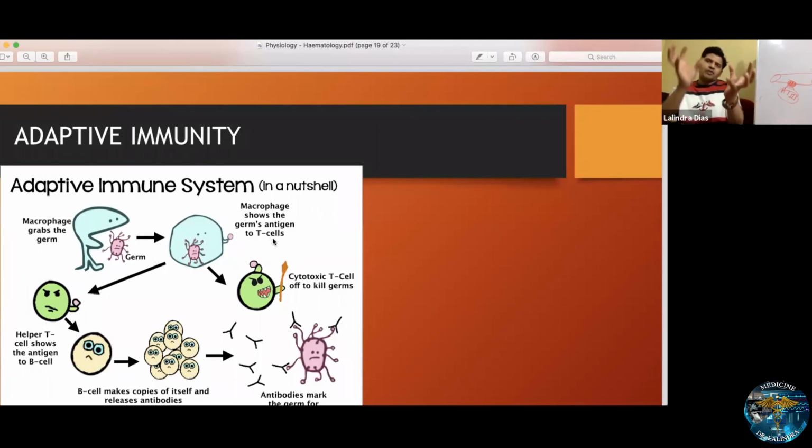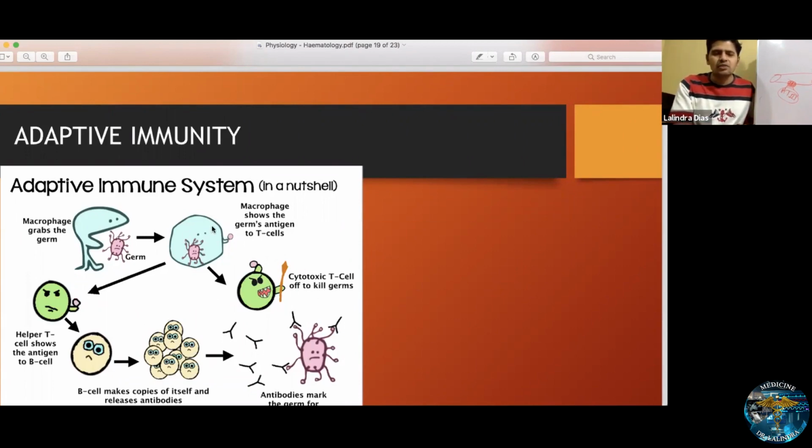The macrophage will engulf the bacteria and show the antigen component to the T cells. So the cytotoxic T cell, the killer cell, is shown this and is now furious to kill. The cytotoxic T cell is off to kill the agent.